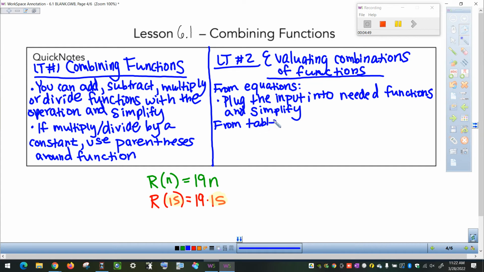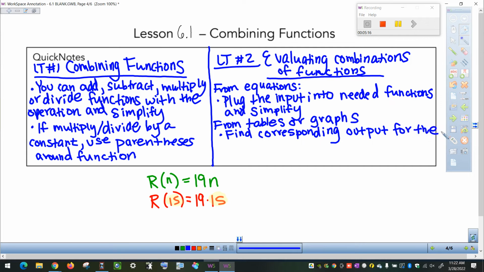Another way that our function can be represented is as a table or a graph. So from tables or graphs, we are going to find corresponding outputs for the given inputs on the graph or table.